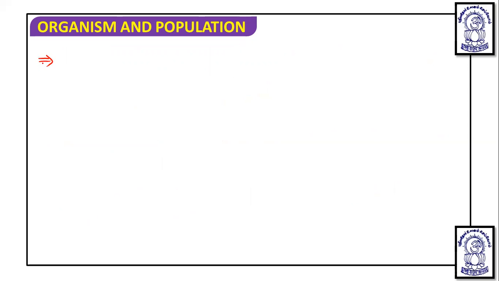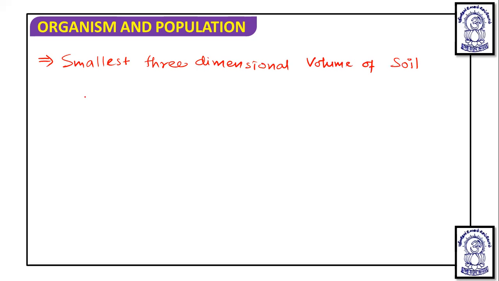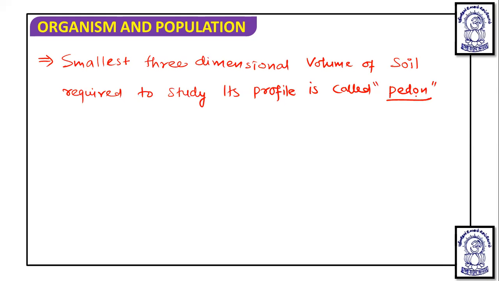So we remember that the smallest three-dimensional volume of soil required to study its profile is called a pedon.